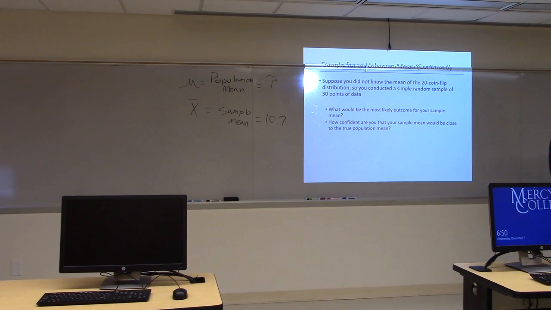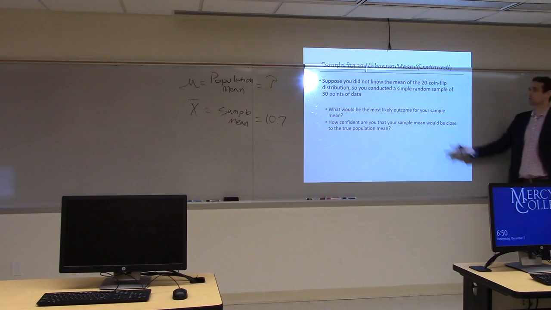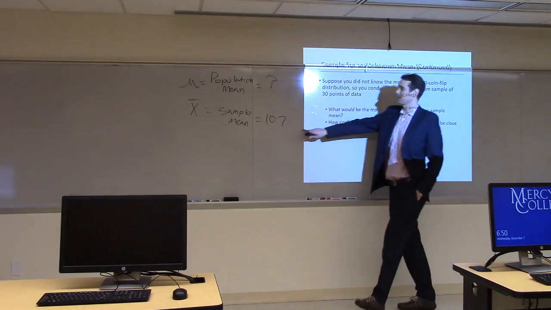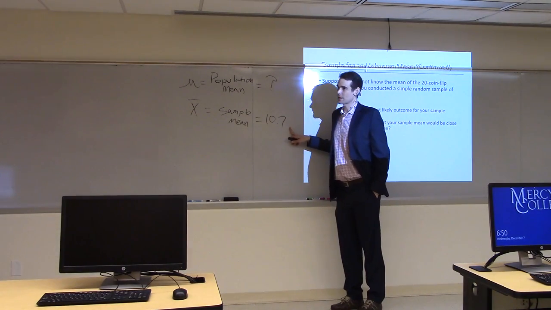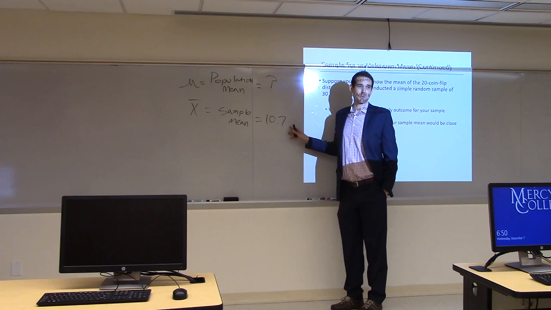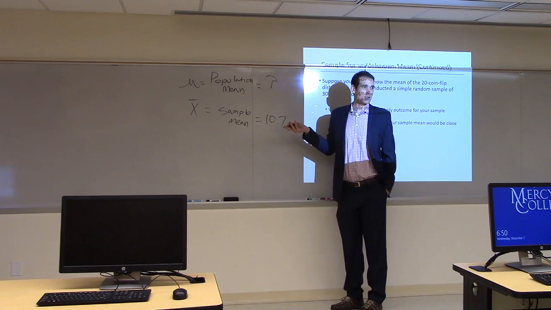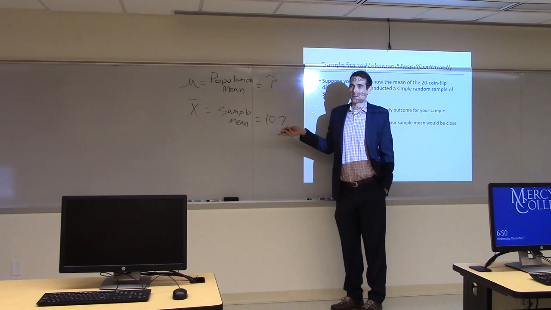Yeah, what's your name again, Ricardo? Andy. Andy. All right, why do you say 10, Andy? Yeah, all right. So the most likely outcome for our sample mean would be 10. The reason why it would be 10 is because that is the true population mean. The most likely outcome would be the correct answer. Right? Why wouldn't it be?